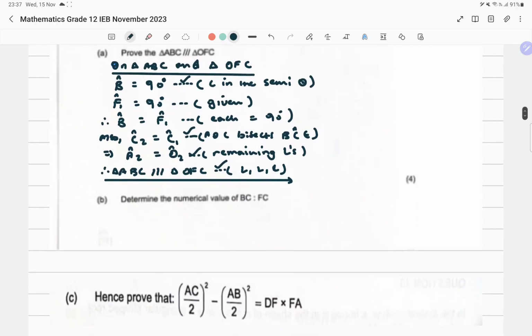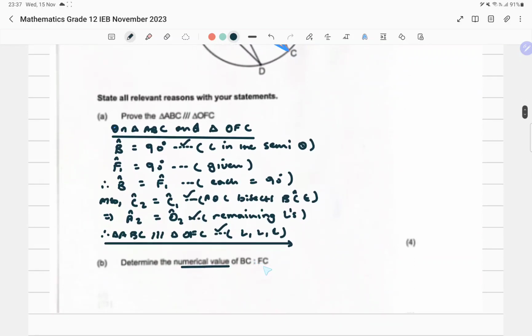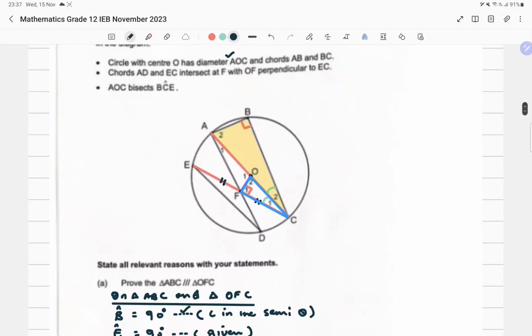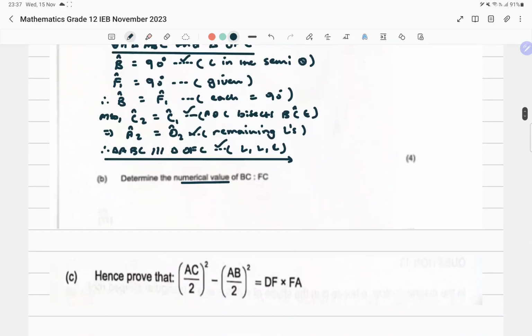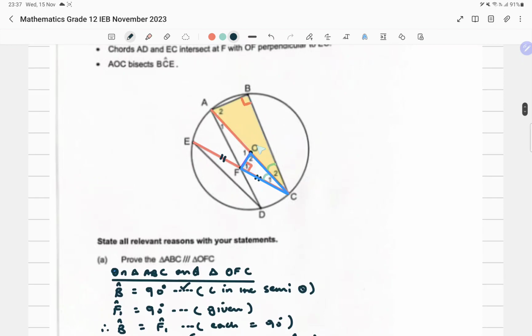Next question. Determine the numerical value of BC over FC. Now BC is the side on the other triangle, and FC is also a side on the other triangle. So let's see, what is BC over FC anyway? Are those sides even related? Now BC is the side opposite angle A2 in this triangle.